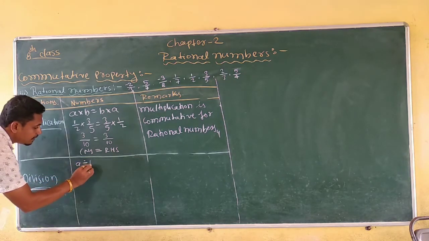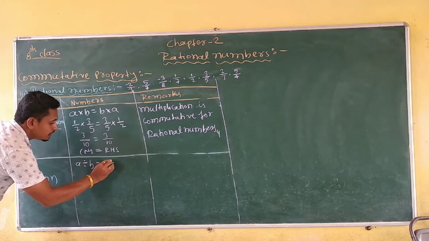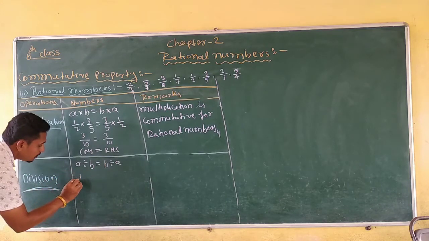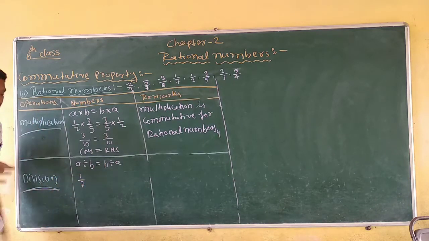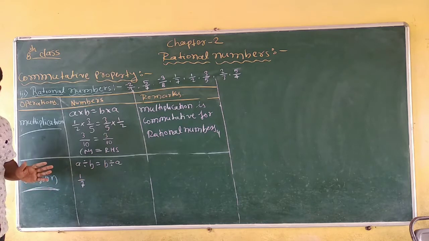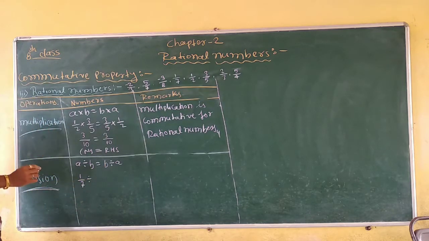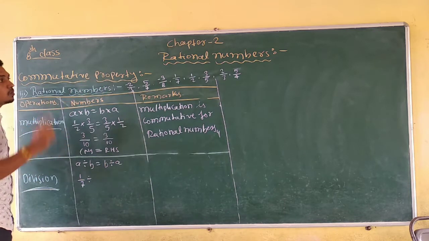A divided by B is equal to B divided by A. Next here I take the value of A as 1 divided by 7, because 1 by 7 is also a rational number. Is it right? Divided by B, which is 2 by 3.